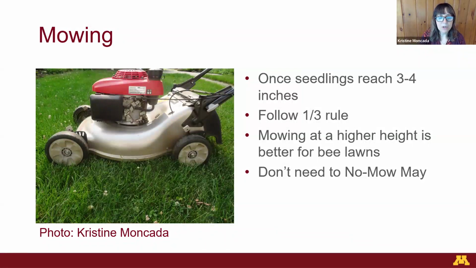That allows the flowers to bloom, and allows the pollinators to access those flowers. And a quick note, you don't need to do No Mow May with a bee lawn because the species in a bee lawn are adapted to mowing, and actually they'll probably spread and flower more if you do somewhat regular mowing.